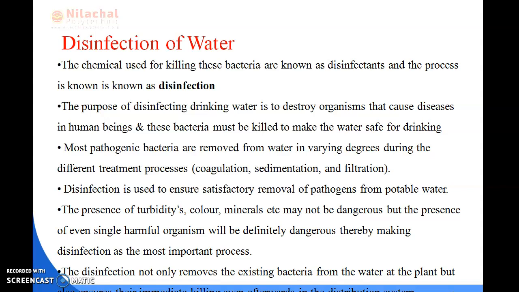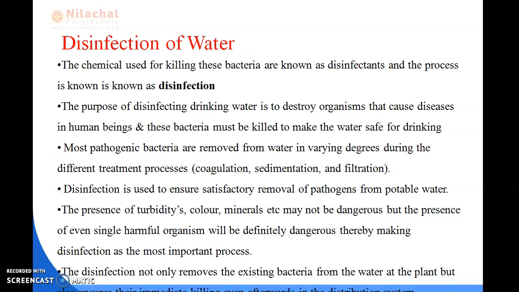The presence of turbidity, color, minerals, etc. may not be dangerous, but the presence of even a single harmful organism is definitely dangerous, thereby making disinfection the most important process. Disinfection not only removes bacteria from the water at the plant but also ensures their immediate killing even after distribution in the system. This is all about disinfection of water.